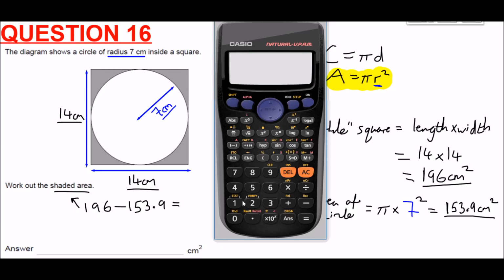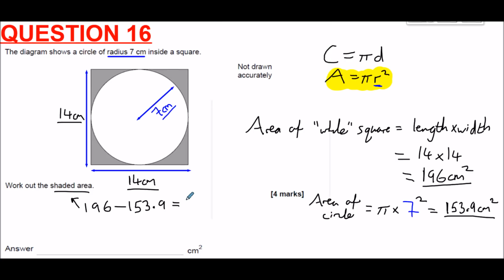And so 196 take away 153.9 would come to 42.1 square centimetres. And that's our answer we can write down. 42.1. And that's question 16 complete.